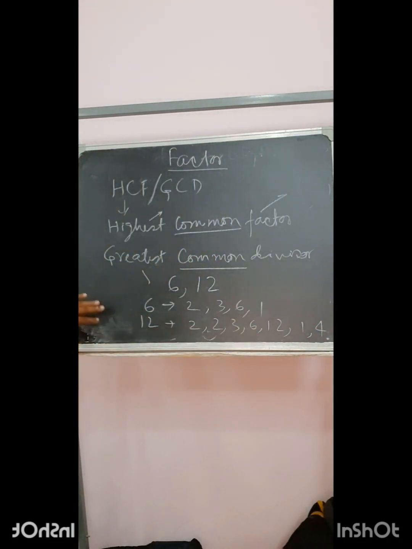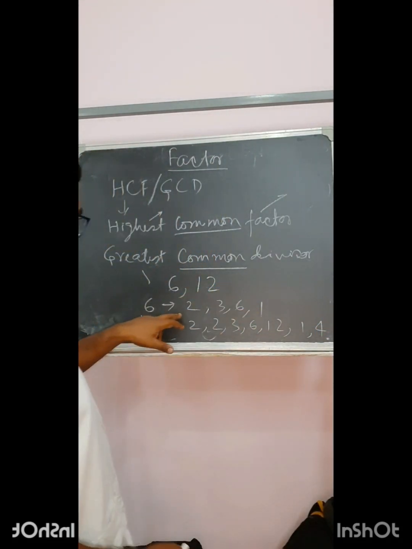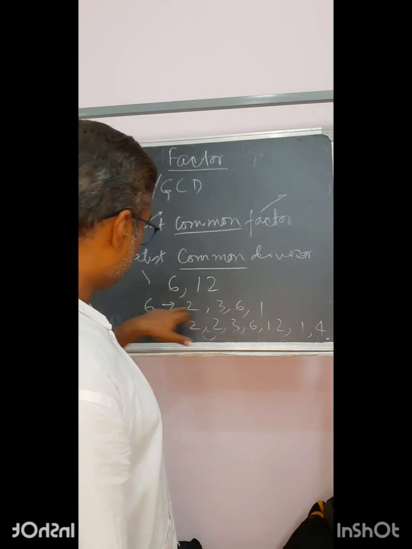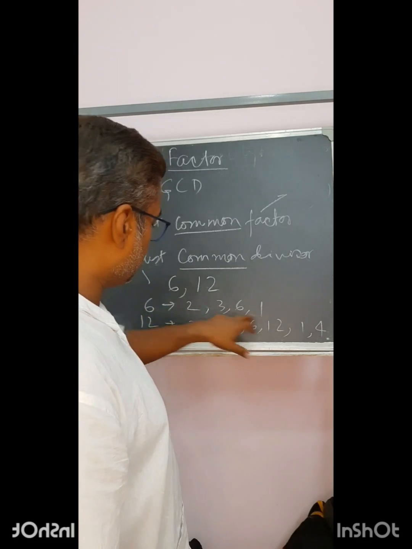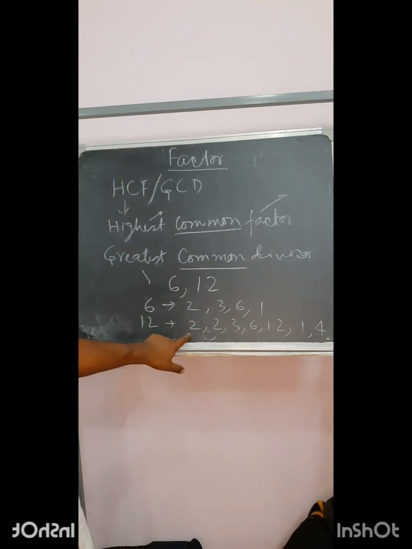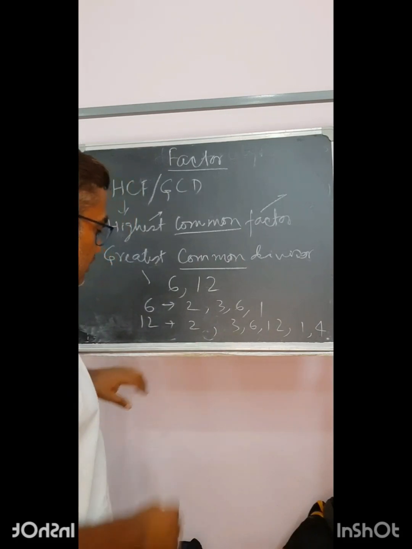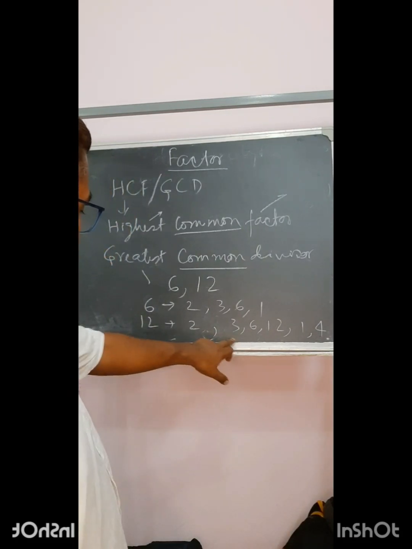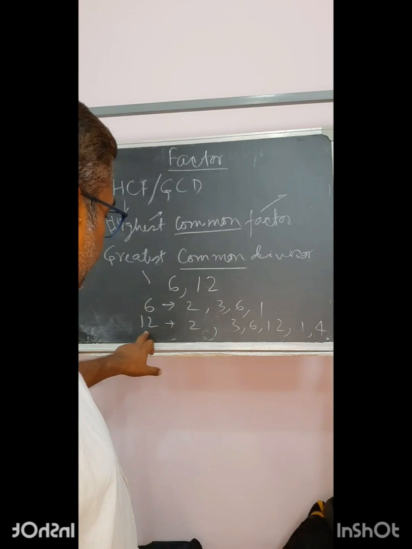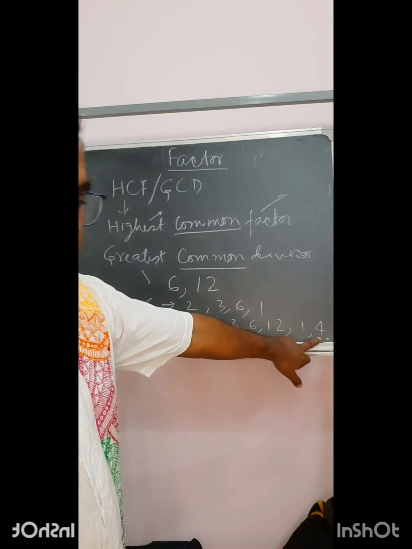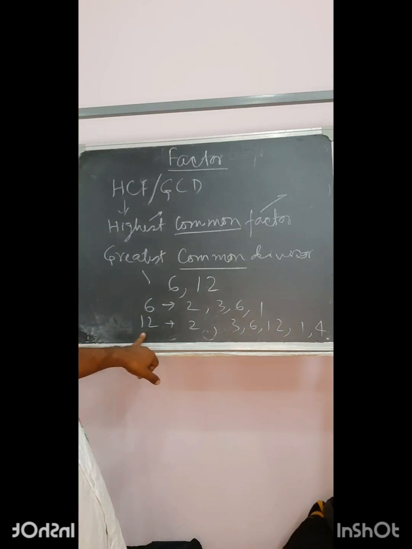So these are the probable factors. 2 is a divisor, 3 is a perfect divisor, 6 is a perfect divisor, 12 is a perfect divisor, 1 is also, and 4 is also a divisor of 12.